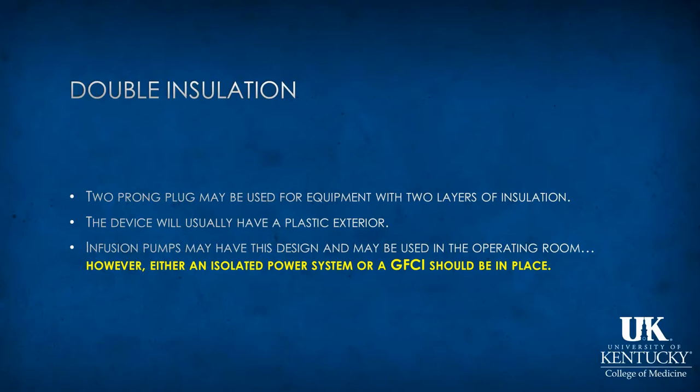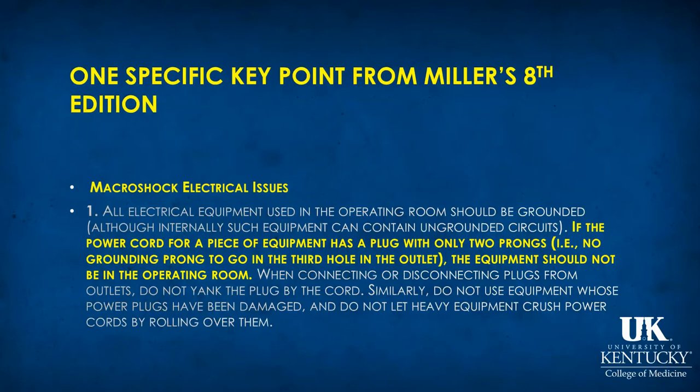ground fault circuit interrupter. Now, there is one point from Miller's 8th edition which I want to bring to your attention, and it is stated that if a power cord for a piece of equipment has a plug with only 2 prongs, that is, no grounding prong to go into the third hole of the outlet, the equipment should not be in the operating room.